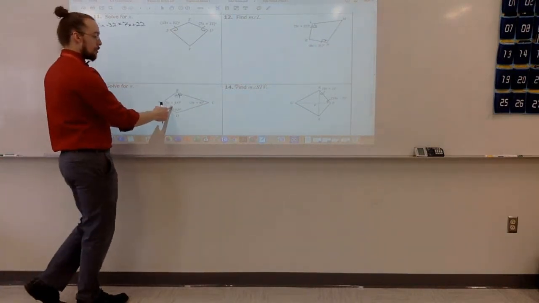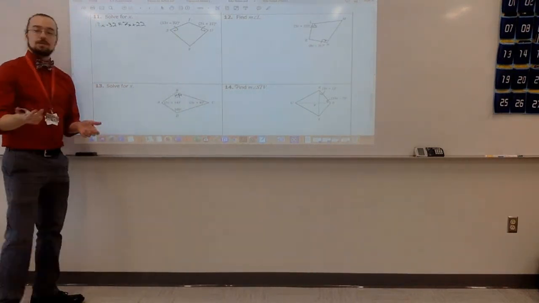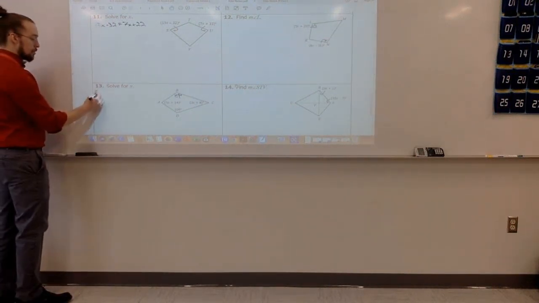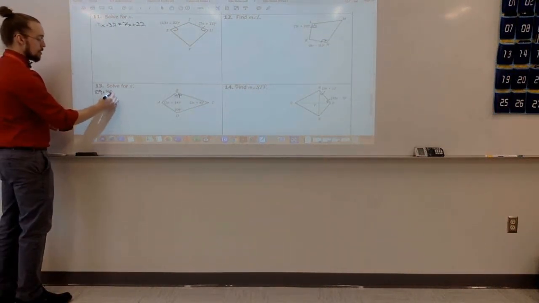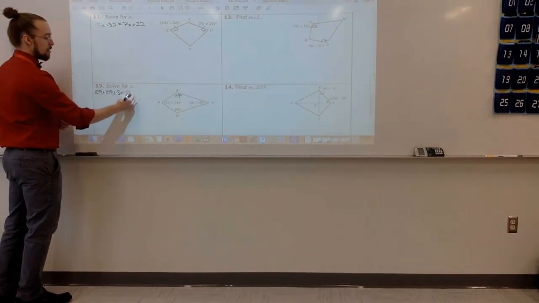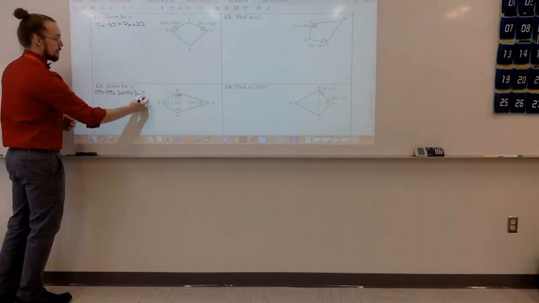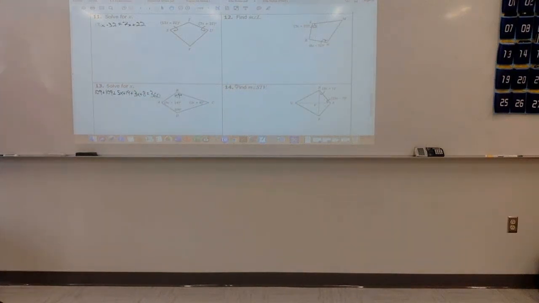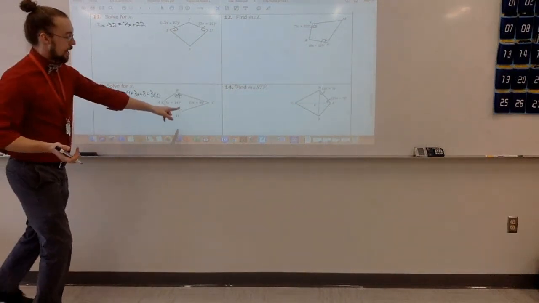Exactly. Now we would add all four of these angles together and set that equal to 360. So 109 plus 109 plus 5x plus 14 plus 3x plus 8 equals 360. All four angles would have to add to 360.